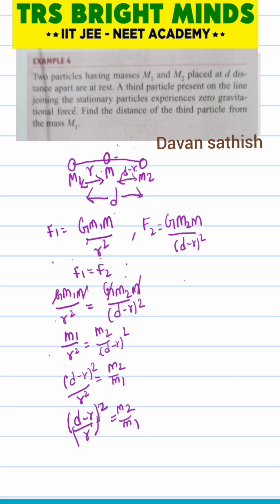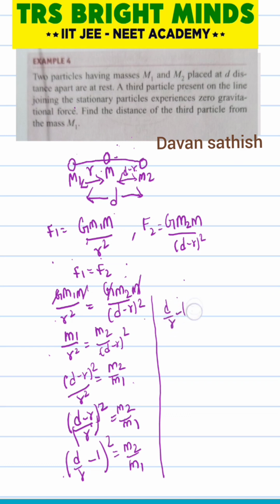So in the next step, I can write d by r minus r by r, that is 1, whole square is equal to m2 by m1. So I'll do the next steps here. Taking square root on both sides, we'll get d by r minus 1 is equal to square root of m2 by m1.